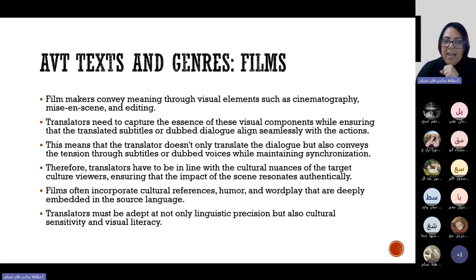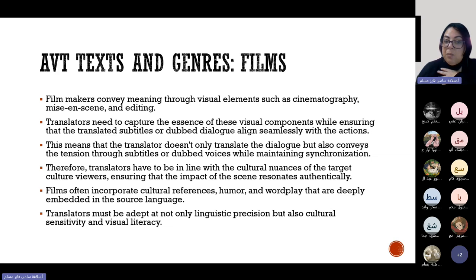Okay, now translators need to capture the essence of these visual components. In addition to the things that are said in the movie, the translator needs to capture all that is happening around the dialogue.